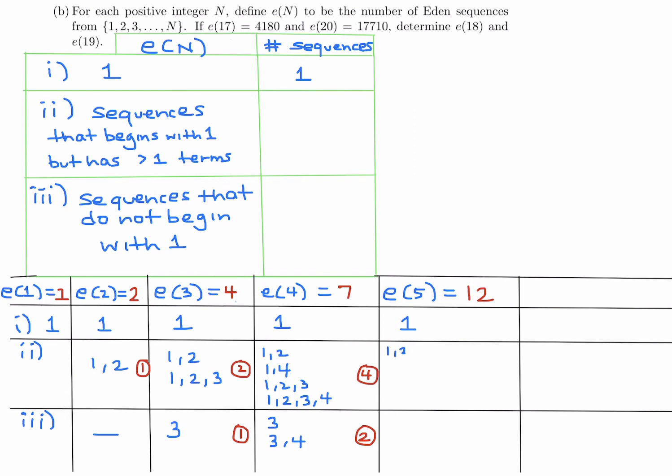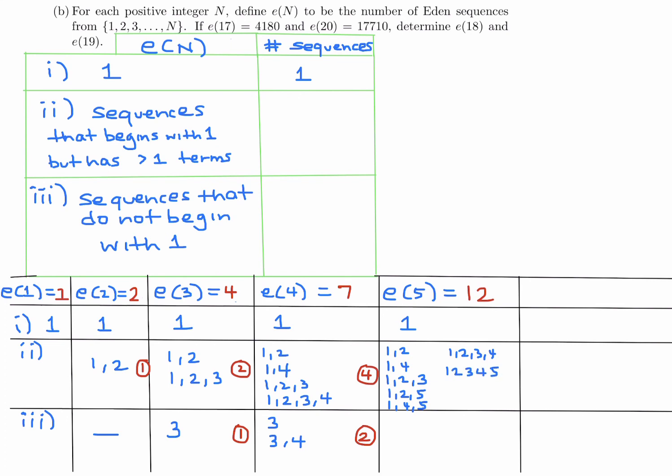It was 1, 2, 1, 4, 1, 2, 3, 1, 2, 5, and let's see here, 1, 4, 5. And then we also had 1, 2, 3, 4. And then we had 1, 2, 3, 4, 5.